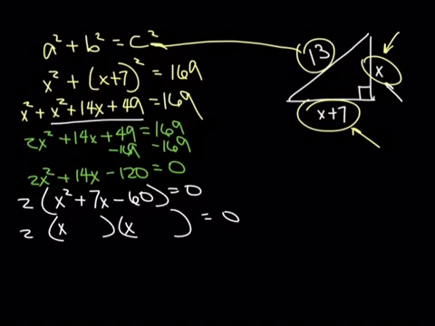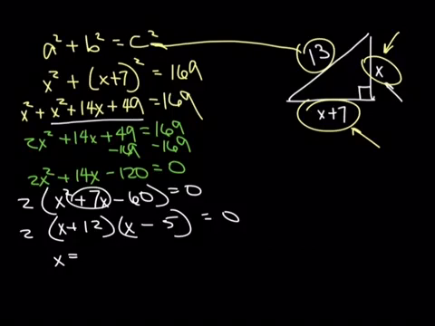Added give me 7. Let's see. 15 and 4. 12 and 5. That works. Okay, so I need to get a negative 60. So one of these has to be negative. So positive 12 minus 5 is positive 7, my middle term. And 12 times negative 5 is negative 60.